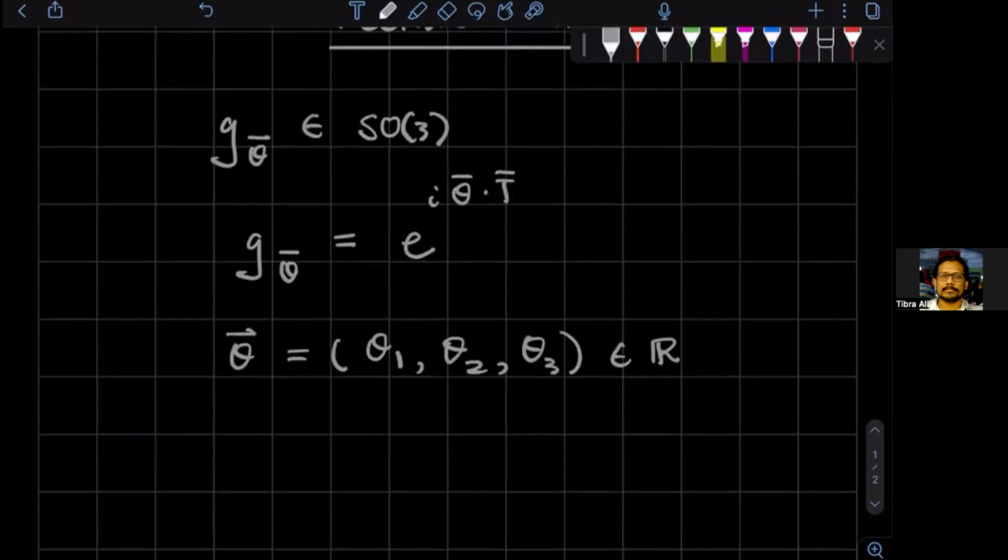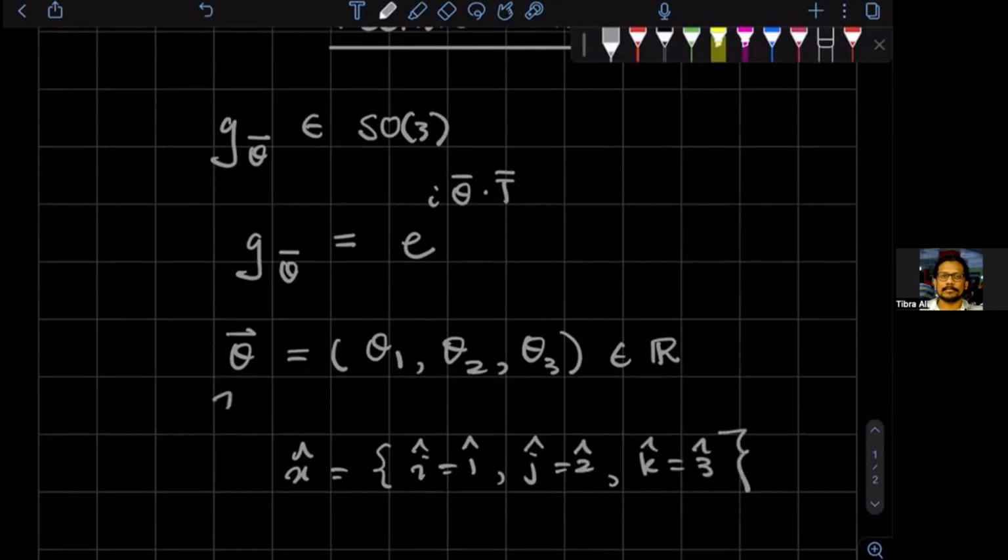They parameterize the amount of rotation around the axis, say the x-axis, where x can be i corresponding to 1, or j corresponding to 2, or k corresponding to 3.